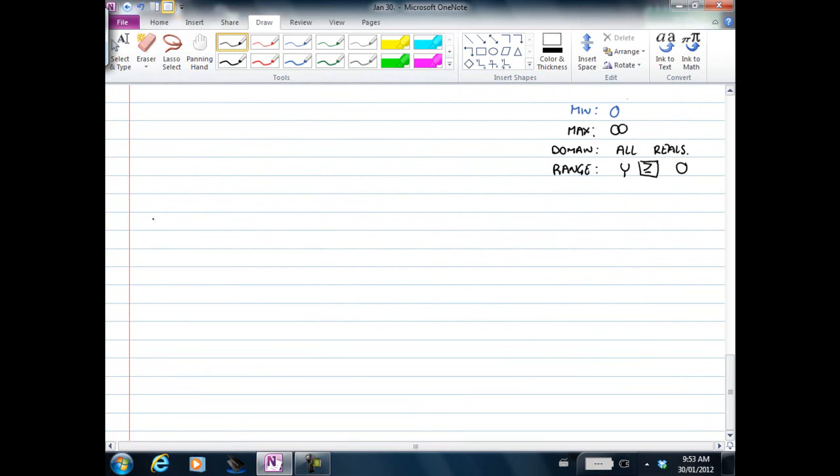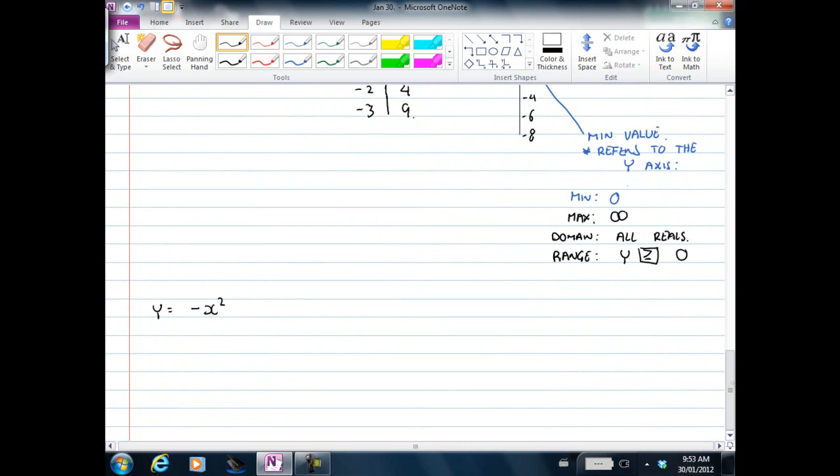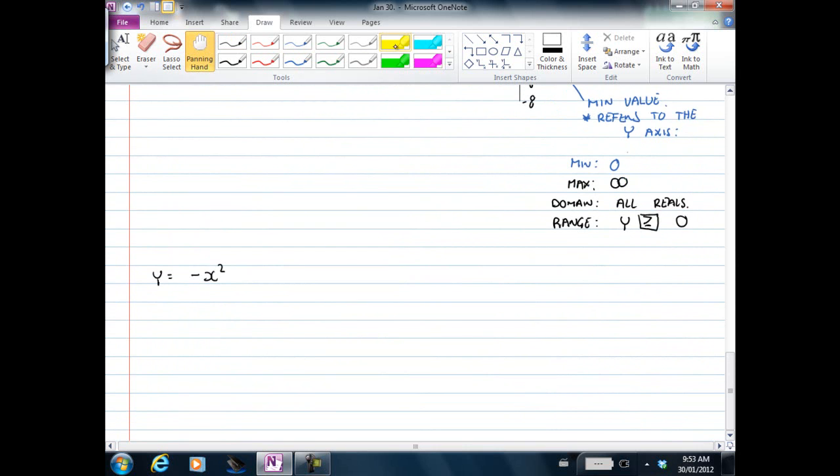Actually, I'm going to change it up again: y equals negative x squared. So the difference between this equation and the other equation is this is a negative. So I want you to highlight this negative. This is the difference right now.